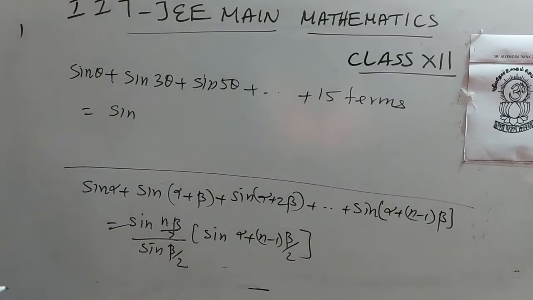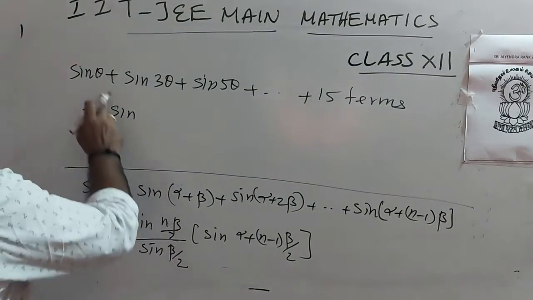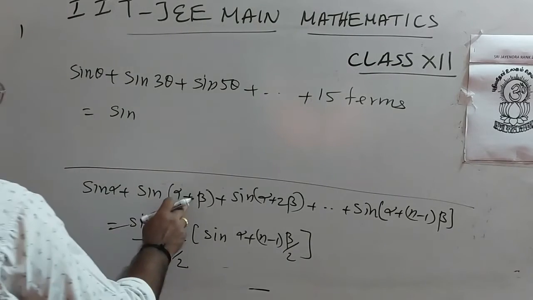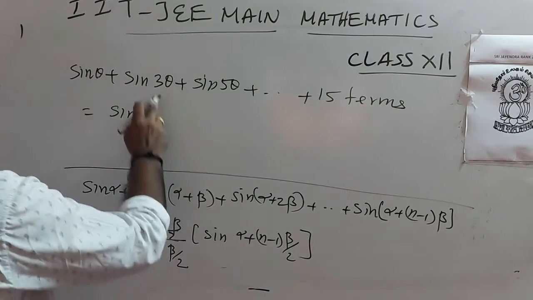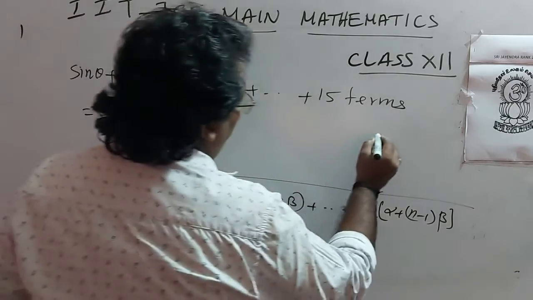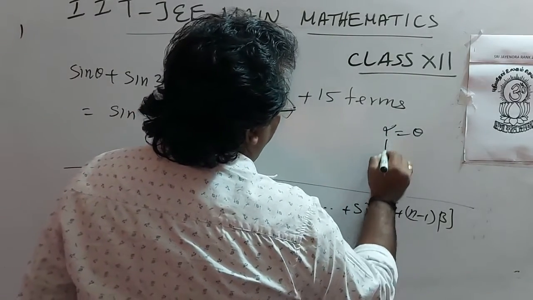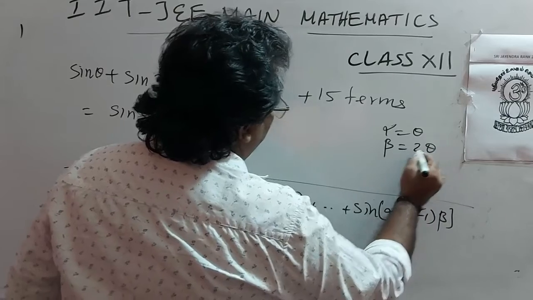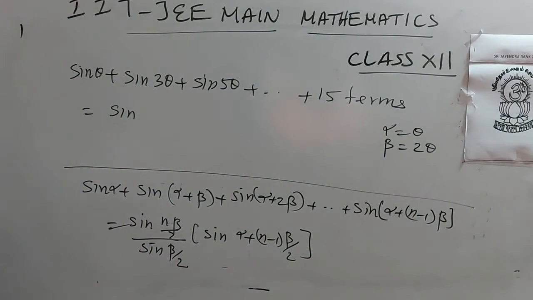We have to use this result. In place of alpha we have theta. In place of alpha plus beta we have 3 theta. So alpha equal to theta, beta equal to 2 theta here.